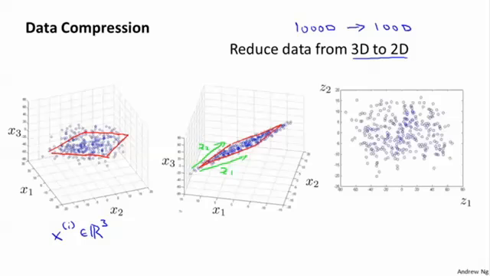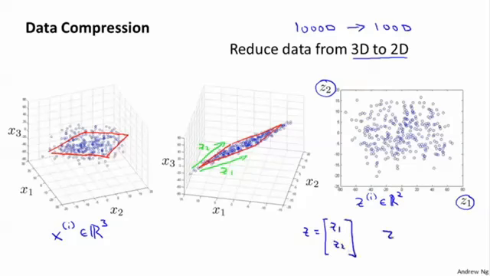And so what that means is that we can now represent each training example using two numbers that I've drawn here, z1 and z2. So our data can be represented using vectors z, which are in R2. And what I just mean by the subscripts z1, z2 is that my vectors z are 2-dimensional vectors, z1, z2.